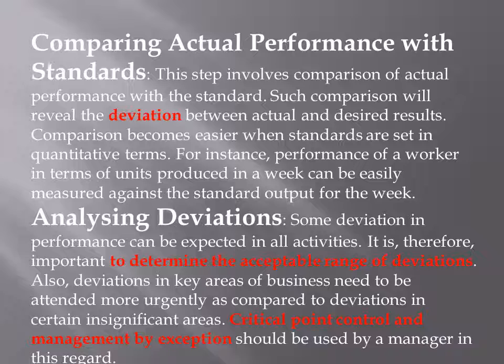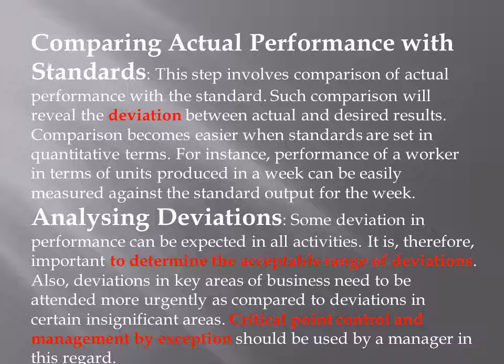A possible range of deviation or acceptable range of deviation should also be fixed. And if this deviation is more, it will be controlled through critical control method and management by exceptions. Means these two techniques will be used to remove or analyze the deviations.